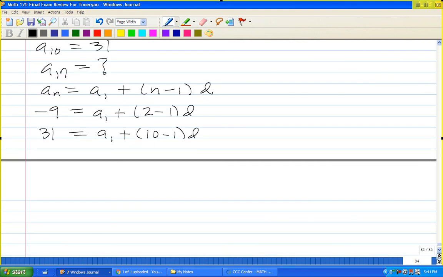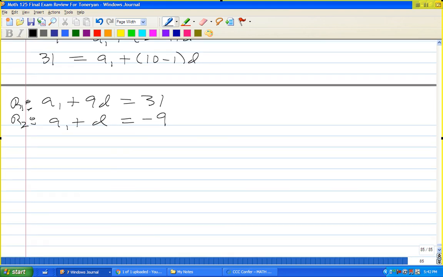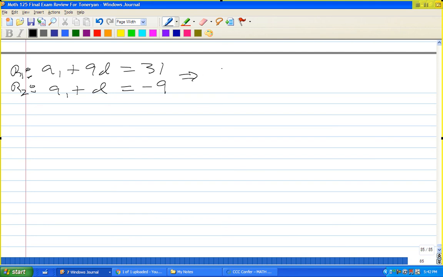And so I have that a1 plus 9d is 31. Let's call that R1. And I have that a1 plus d is negative 9. So let's just subtract these. R1, a1 plus 9d is 31, minus R2, minus a1, minus d is 9.